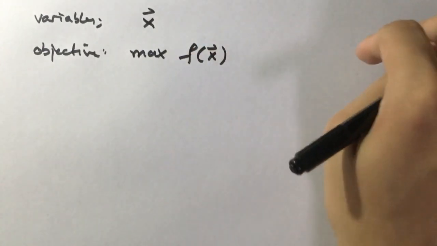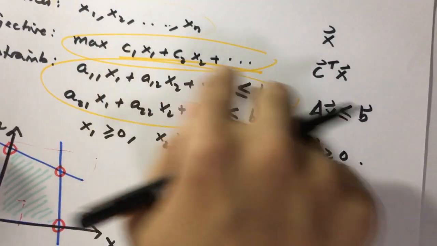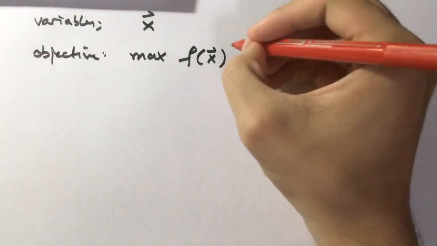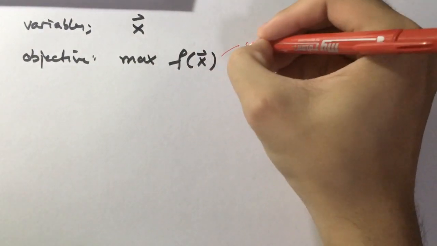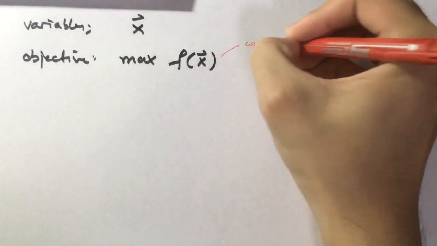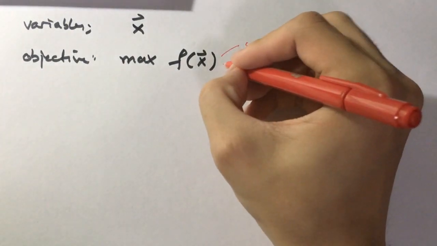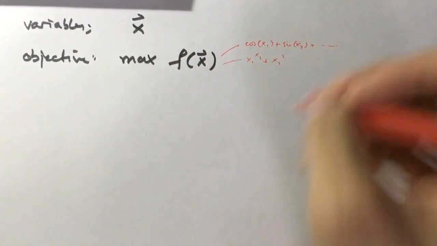This function will just give you a real number, and this function can look like anything. It doesn't just have to be a linear combination of the variables. Maybe it can look like, for example, cosine of x1 plus sine of x2 plus something crazy like that. It could even be, I don't know, x1 to the power of x2 plus x3 cubed, something like that.